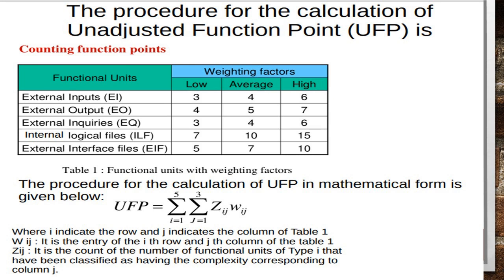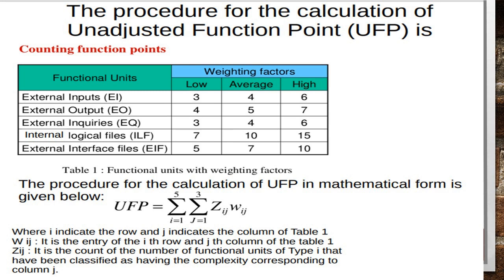The procedure for the calculation of unadjusted function points in mathematical form is UFP equals sigma i equals 1 to 5, sigma j equals 1 to 3, Zij into Wij, where i indicates the row and j indicates the column of this table.